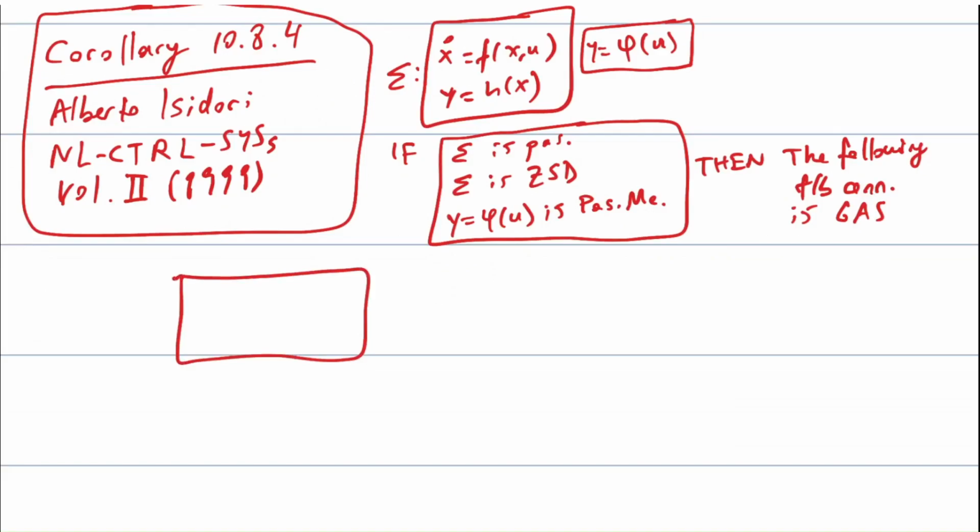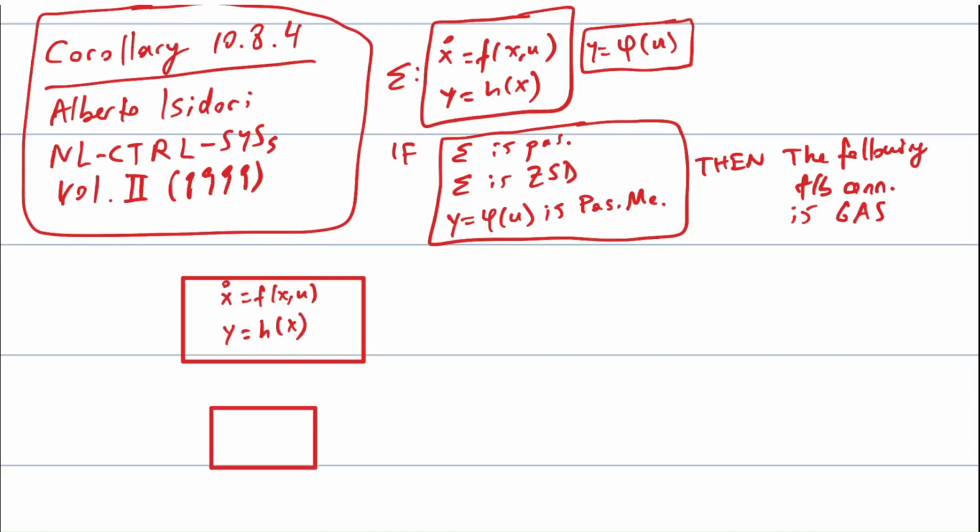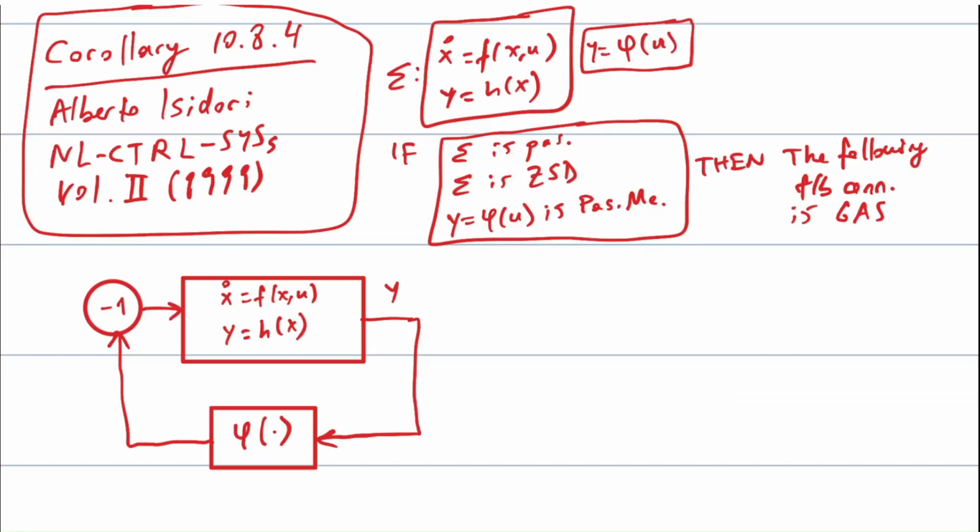Let's look at the following feedback connection. Maybe I should use this. x dot equals f of x, u. y equals h of x. And then I should write phi of, the output of this is y, and then this minus 1.